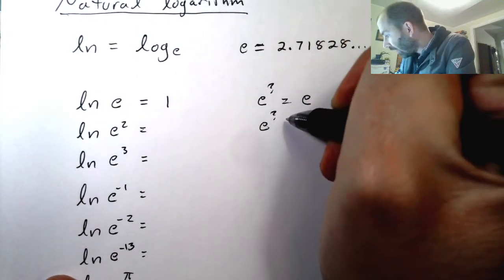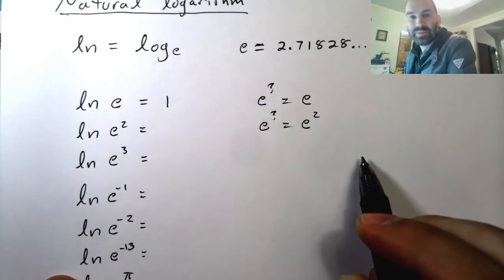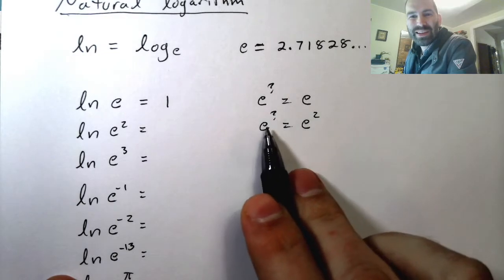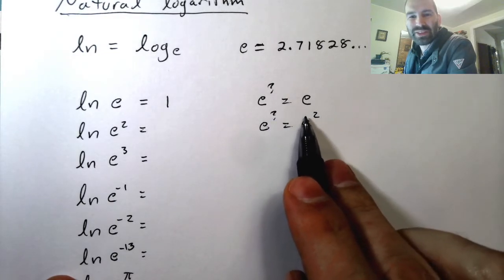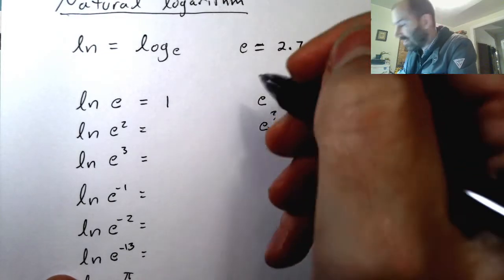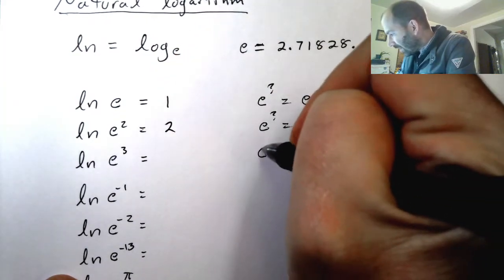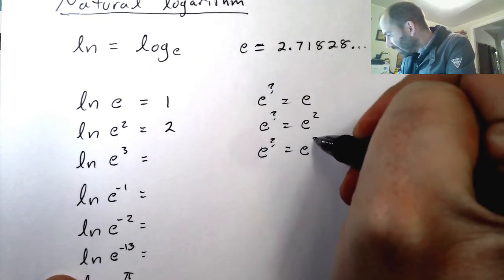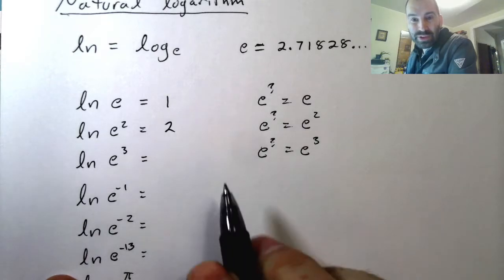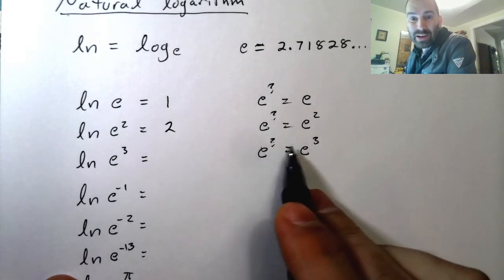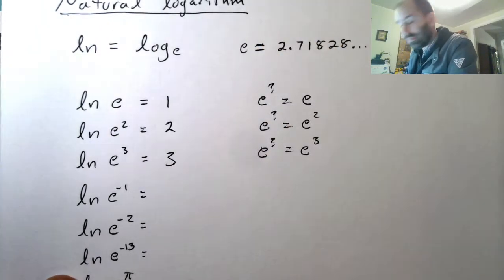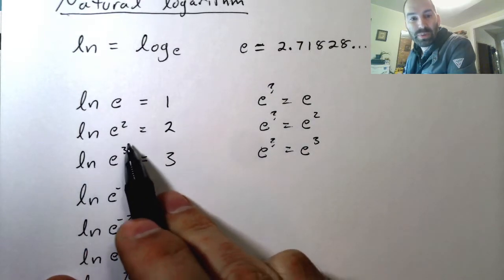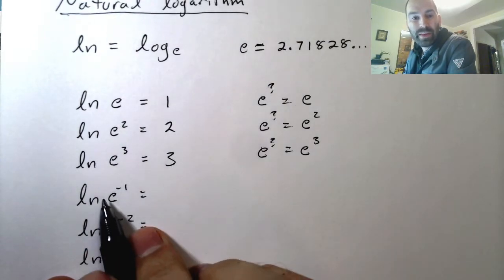E to the what equals e squared? Well, it's kind of obvious, right? I mean, what does this number have to be so that this looks like this? Well, it needs to be a 2, right? E to the what equals e cubed? What does this have to be? A 3. That'll make these the same. See what it's doing? The log is just pulling down the exponent, right?